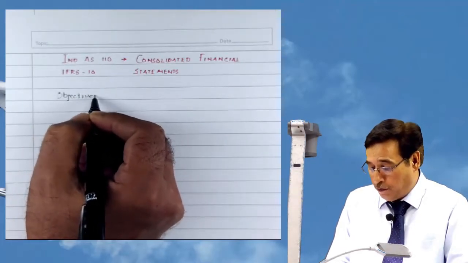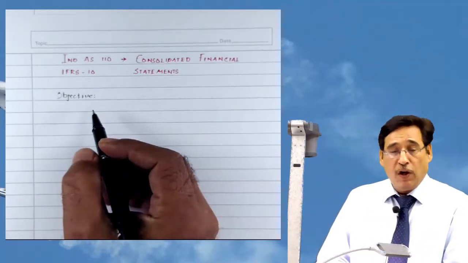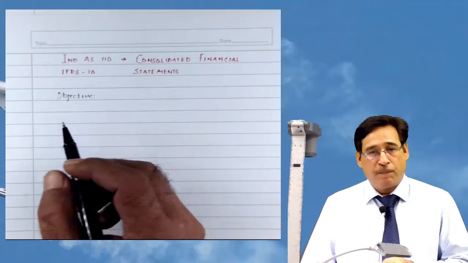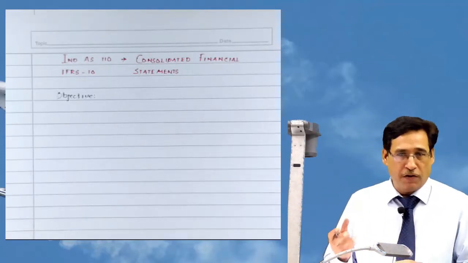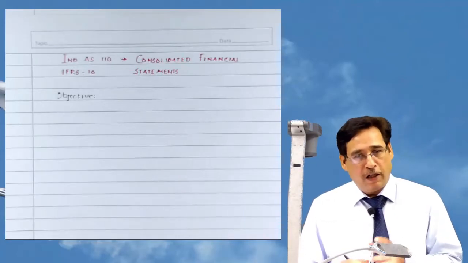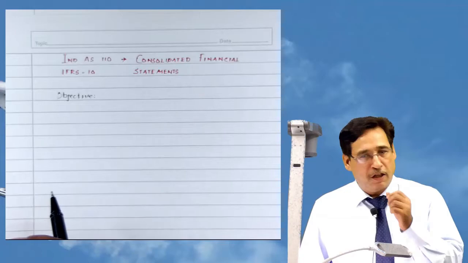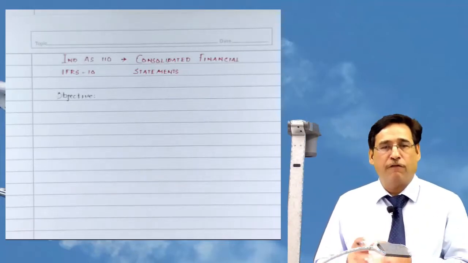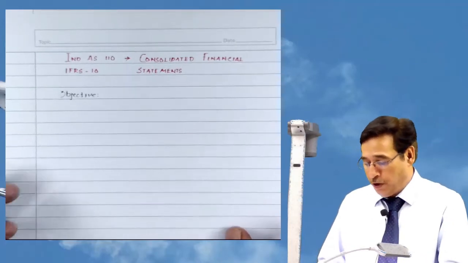The main objective is that if you happen to be a parent in control of one subsidiary or more than one subsidiary, then as per the guidelines of this standard, you are supposed to prepare the consolidated financial statement. That happens to be the first guideline, and I am going to explain it.